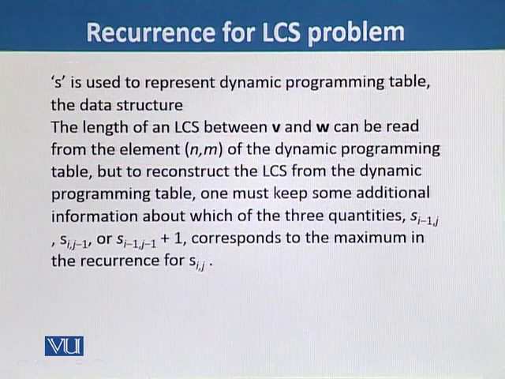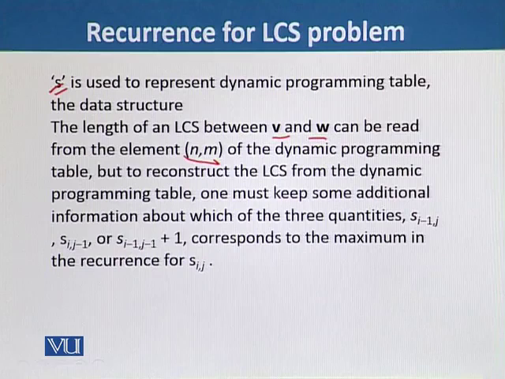So we can use S to represent the dynamic programming table, the data structure that we use to fill in the dynamic programming recurrence. The length of the LCS between V and W can be read from the element (n,m) of the dynamic programming table.